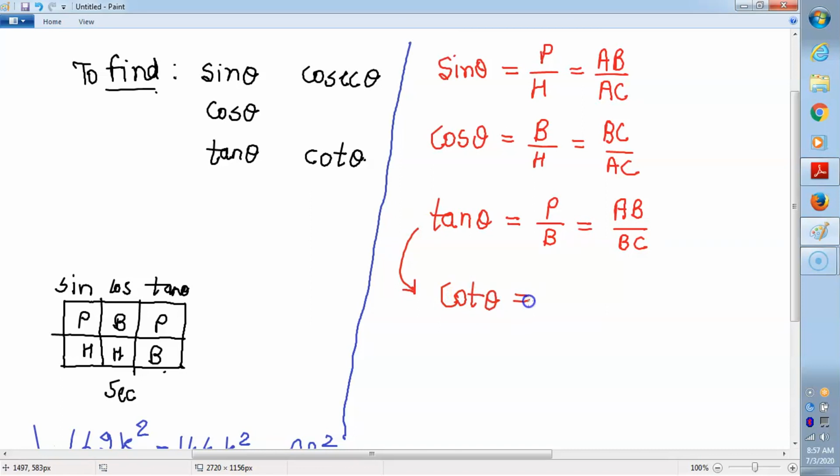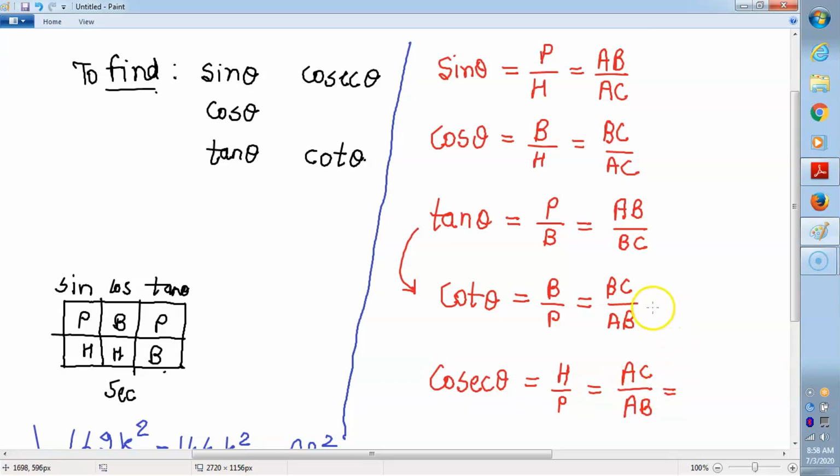Cot theta is base upon perpendicular, BC upon AB. The reciprocal of cos is given in the question. Now the reciprocal of sin is cosec theta. It's hypotenuse upon perpendicular. From this table we can see that hypotenuse upon perpendicular is cosec: hypotenuse is AC and perpendicular is AB.